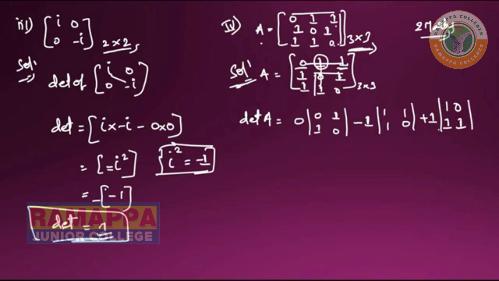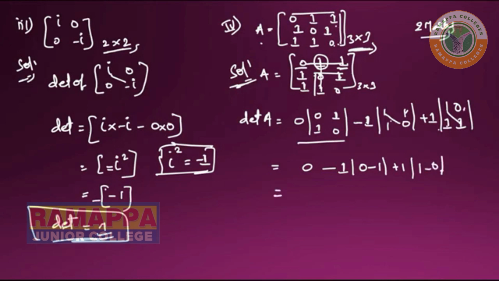So this is the data of the given matrices. Now here 0 into something, we know that 0 into something is 0, so we'll write it like that only. So the data of this one here: 1 into 0 minus 1, 1 into 0 0, and 1 1 gives minus 1 here, and plus 1 here.